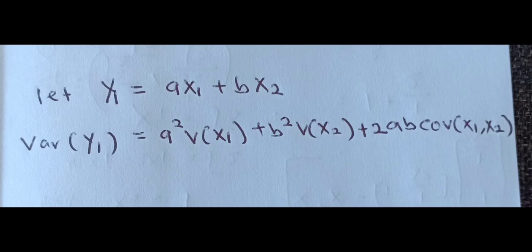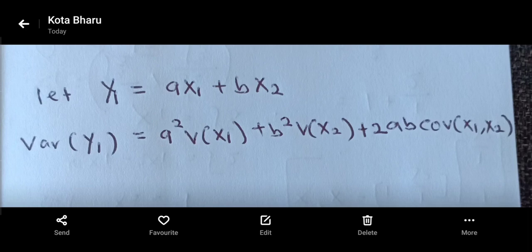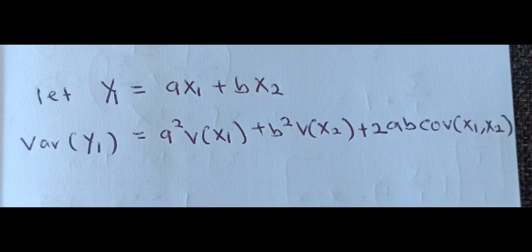Let's say y1 equal to ax1 plus bx2 tadi kan. So the variance of y1 will be, bila you variance kan all of this linear combination, so dia punya perkali kat depan ni akan jadi a square, multiply variance of x1 plus b square multiply variance of x2, then plus 2ab multiply covariance of x1, x2.